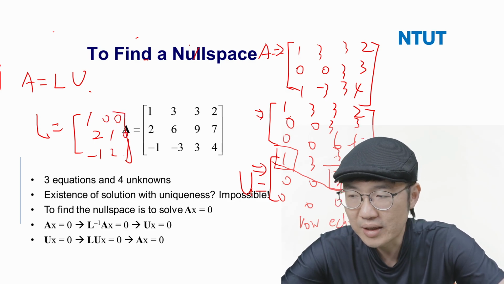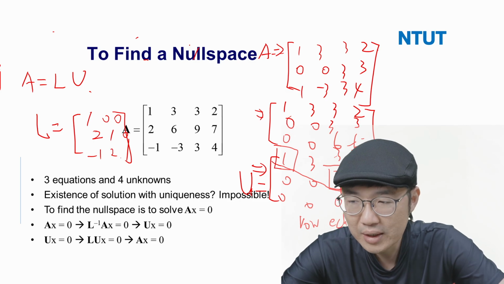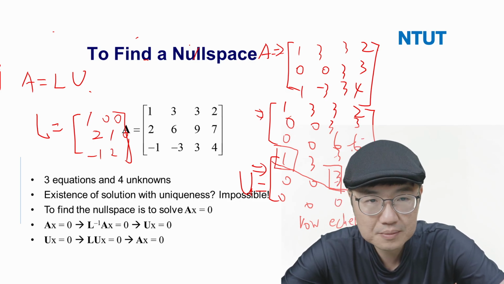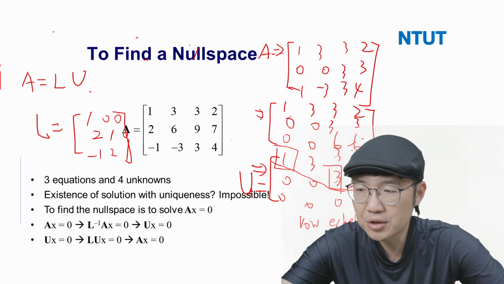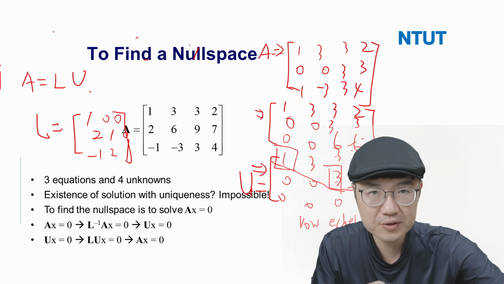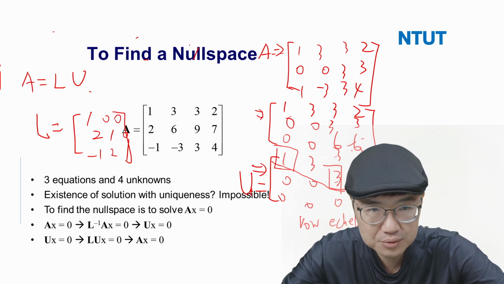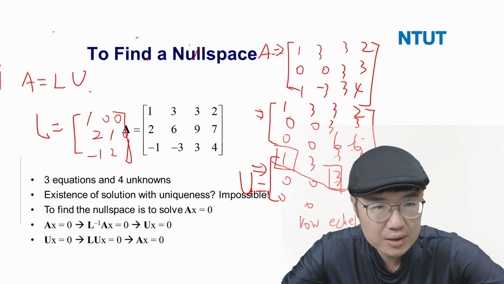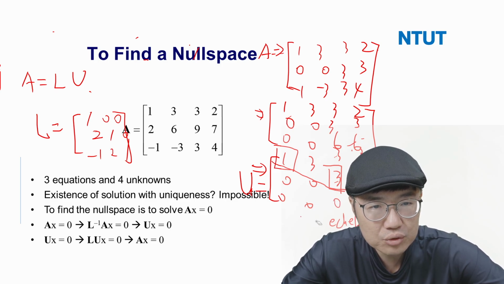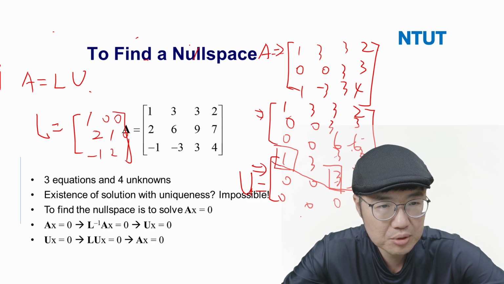It's still an actual square and lower triangular matrix. Okay, so we still have a rectangular version for A equals LU. With the U here, we can do further manipulation.